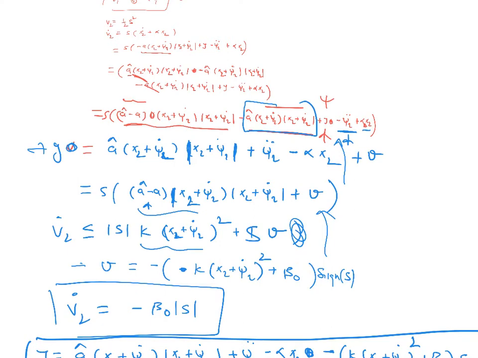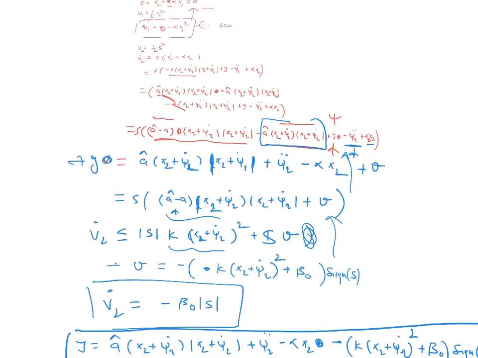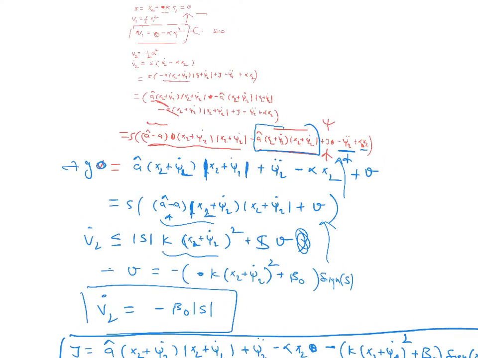That's bad. I could have lumped this all together and said there's an upper bound on this, and then that's not good, because then anything multiplied by that sign of s will be bigger.